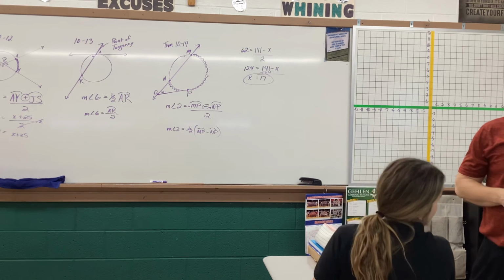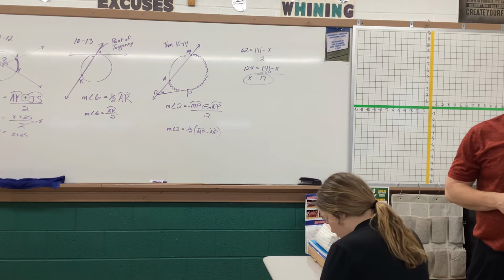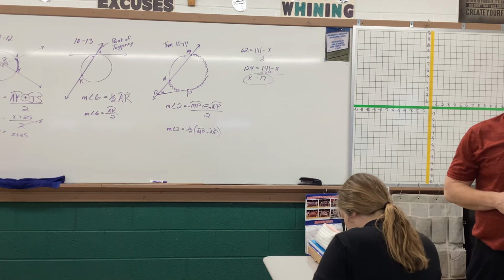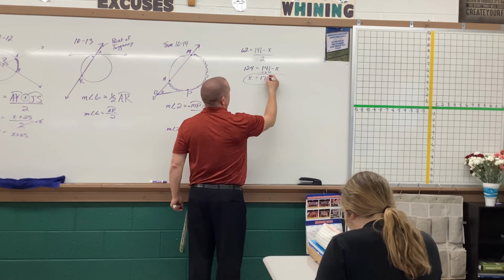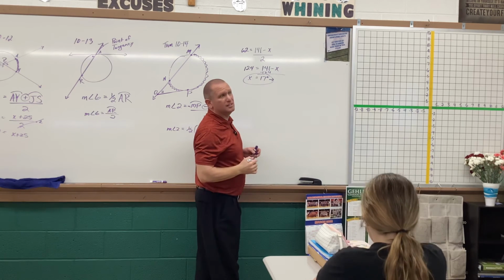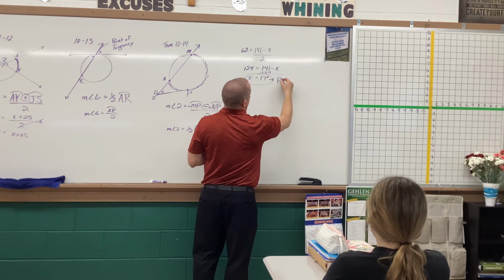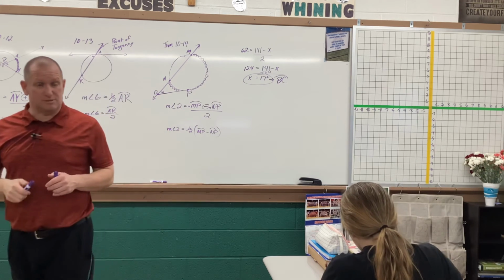So is that my answer? No. Yes, this is my answer. This is actually 17 degrees because this x actually acts as what? Arc BC. So that is my answer. Absolutely.